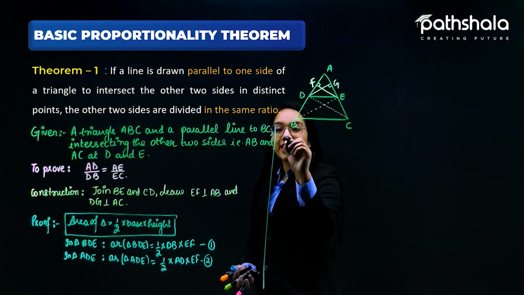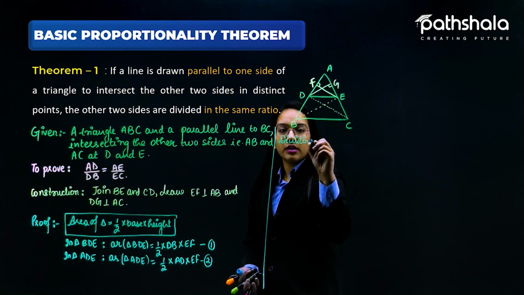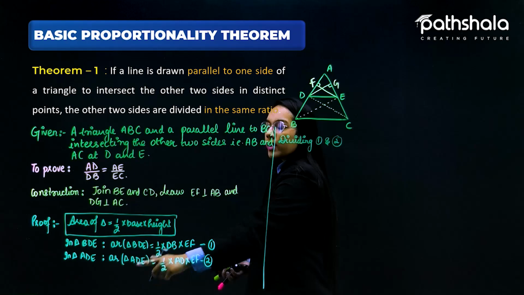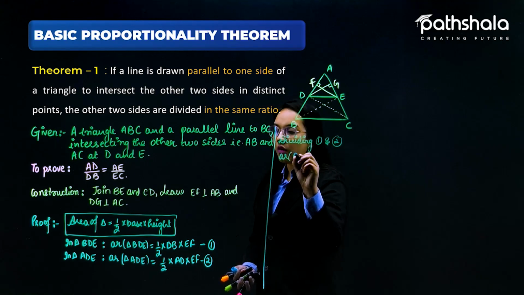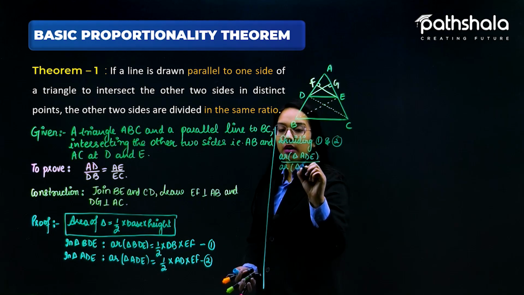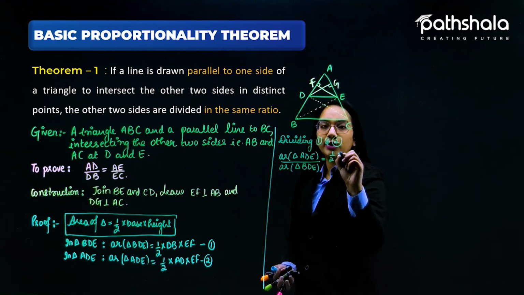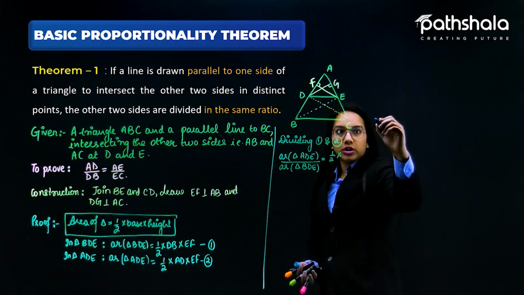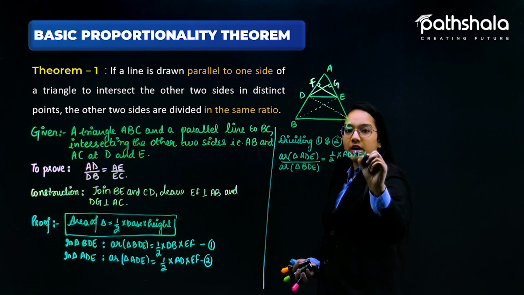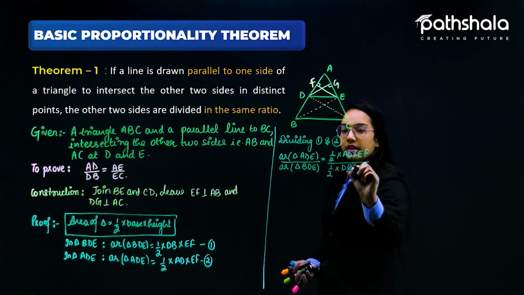Dividing 1 and 2, we get the area of the triangle ADE by the area of the triangle BDE is equal to half into AD into EF divided by half into DB into EF.